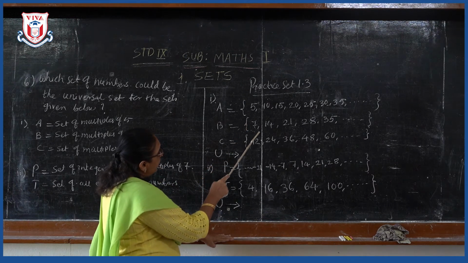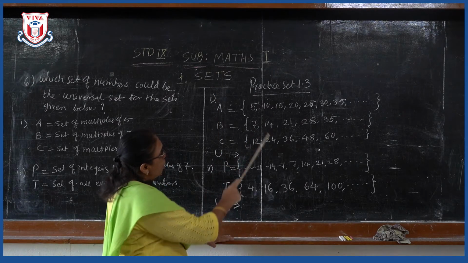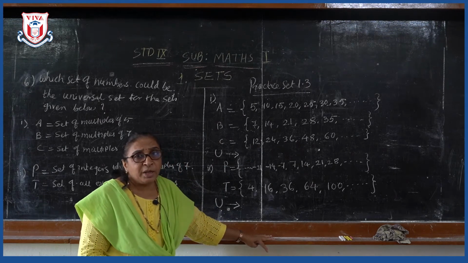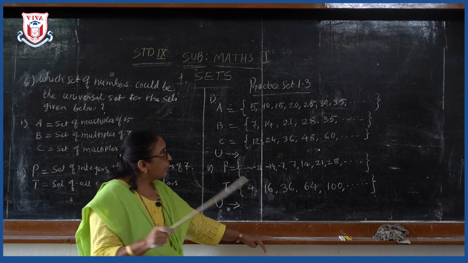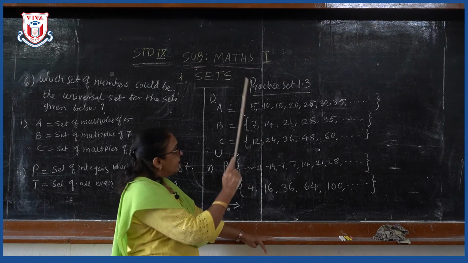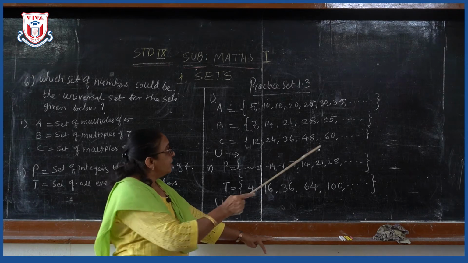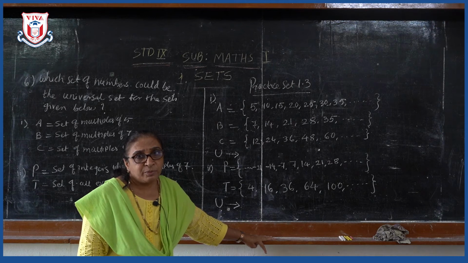So now all these sets belong to what? See, all these are natural numbers. They come in the set of natural numbers 1, 2, 3, 4, 5, 6, infinite. All these elements are also in the set of whole numbers, and all these numbers come in the set of integers also.